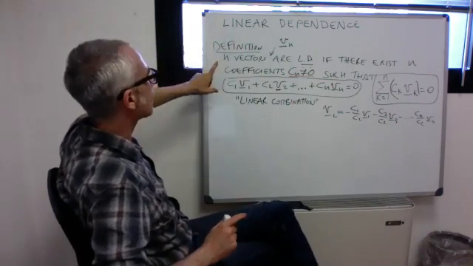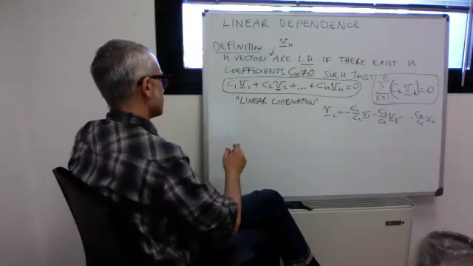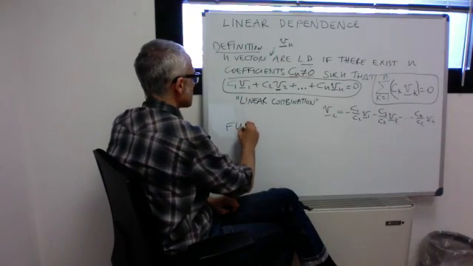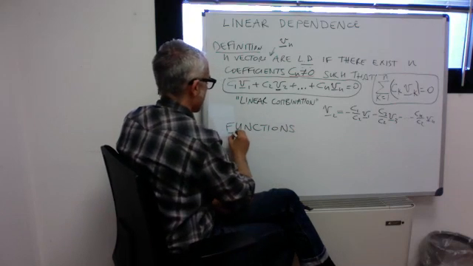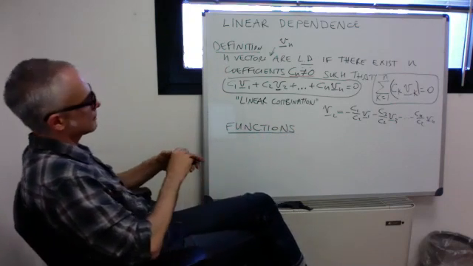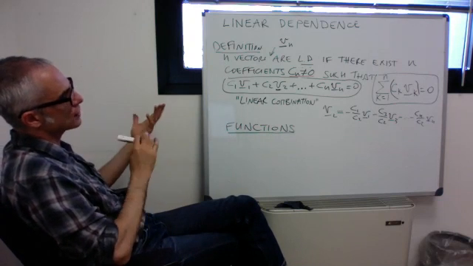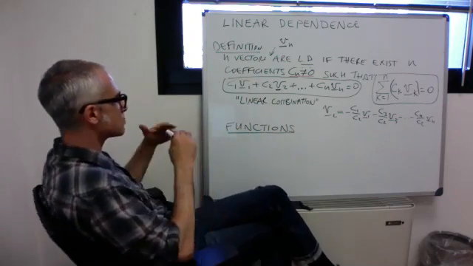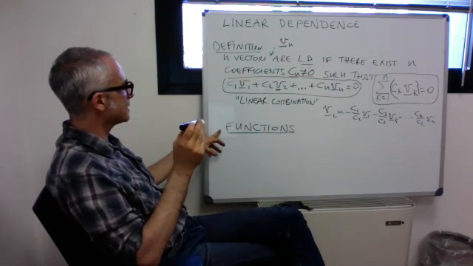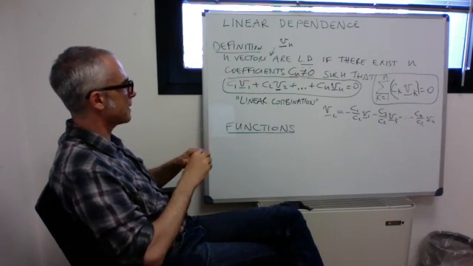So now, what happens next is that I want to apply this concept to functions. Just like we have linearly dependent or independent vectors, if this is not verified they're called linearly independent, we can think of linearly independent or linearly dependent functions.